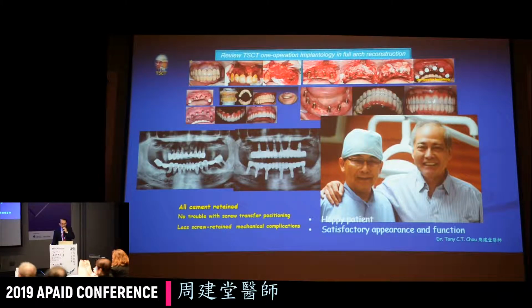So I don't like that, and this way also has less screw retained mechanical complication, such as screw loosening and screw breakage. So I always like simple. This is my way, Tony's simplified concept technique.